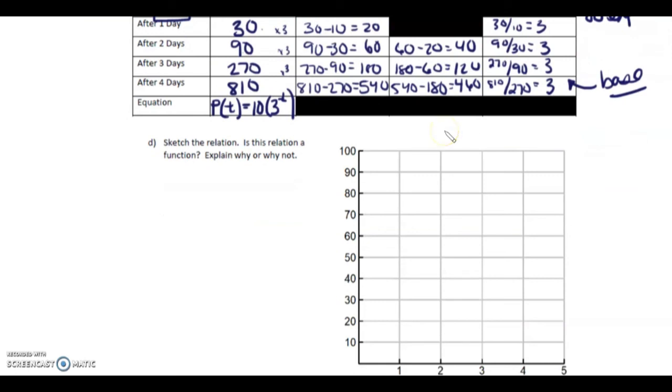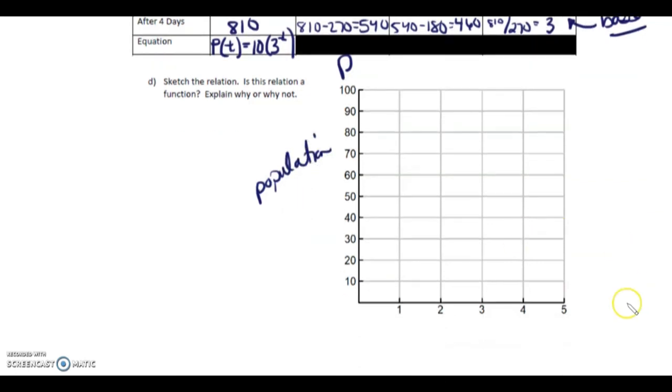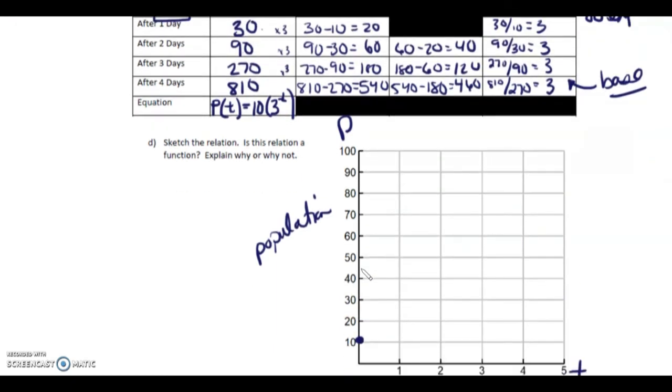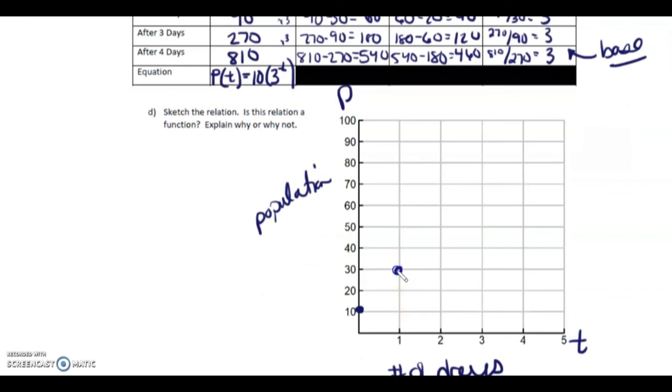Okay, so now let's graph this. So we're going to call this the P-axis, and this is population. And then this is time, and this is the number of days. So we're going to start at 0, 10, then 1, 30, 2, 90, 3, 270.